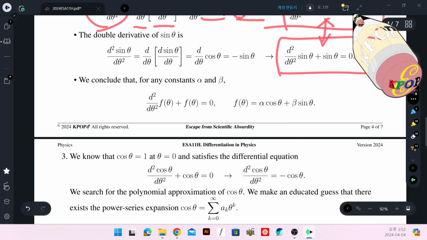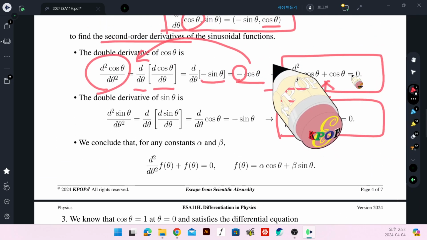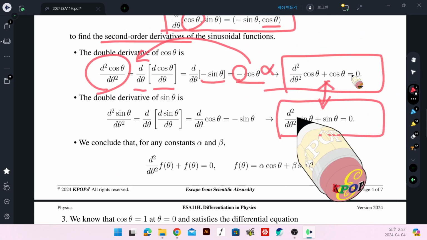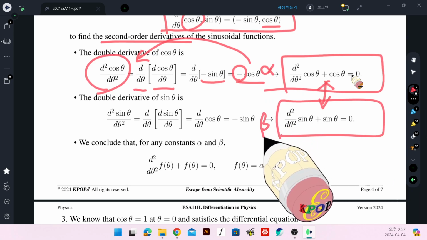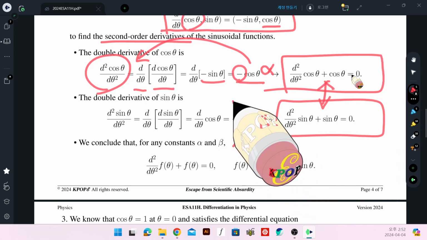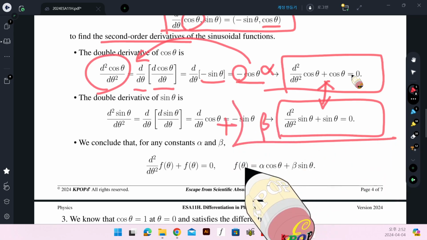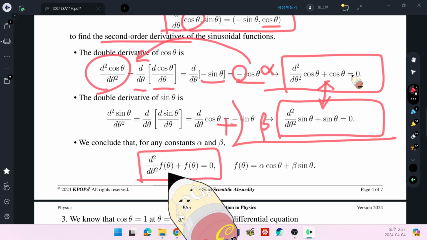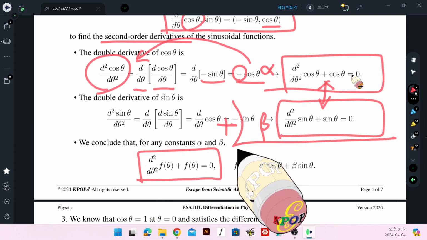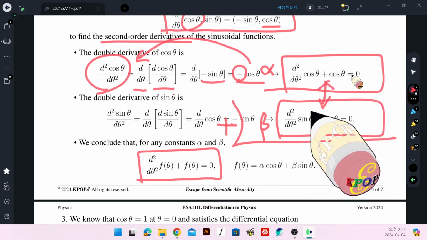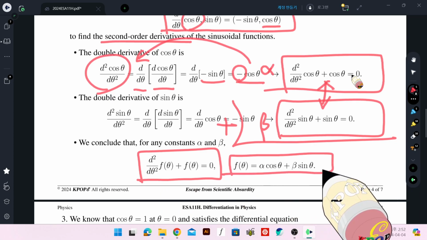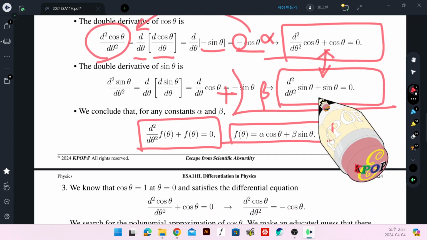As a result, if I multiply this equation by alpha, an arbitrary non-zero number, multiply by beta, and sum them all, then we find that there is a function f of theta that satisfies the identical differential equation, and that is a linear combination of cosine and sine.